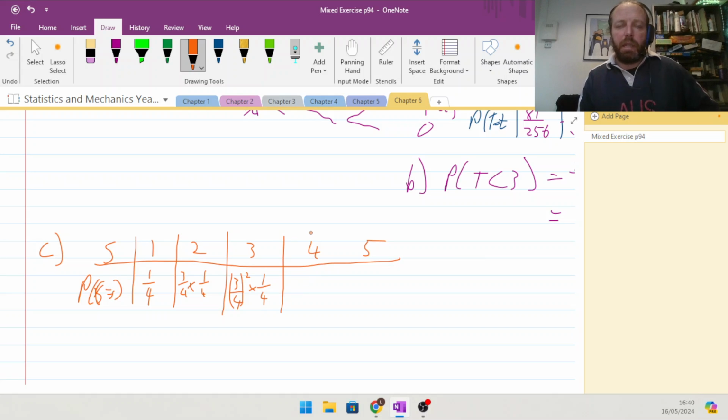And the probability of rolling it 4 times until he got a 6 would have been 3/4 cubed times the quarter when he got the 6.